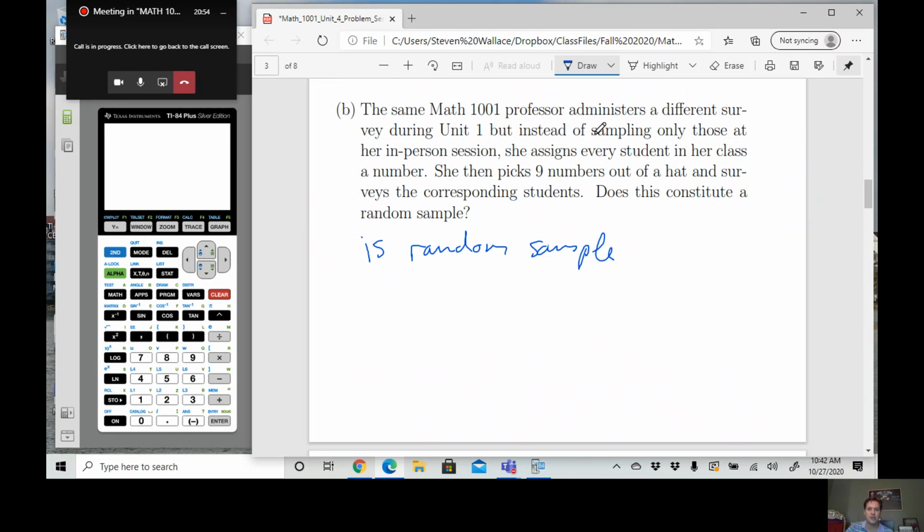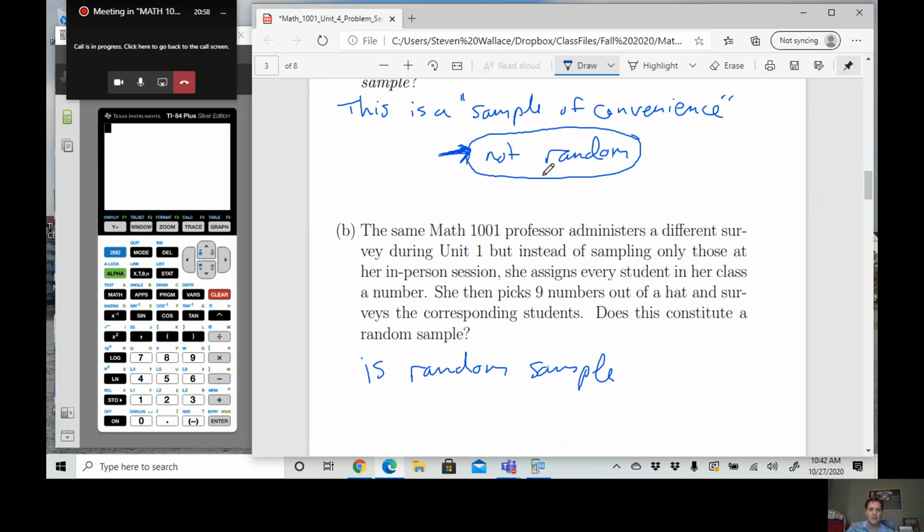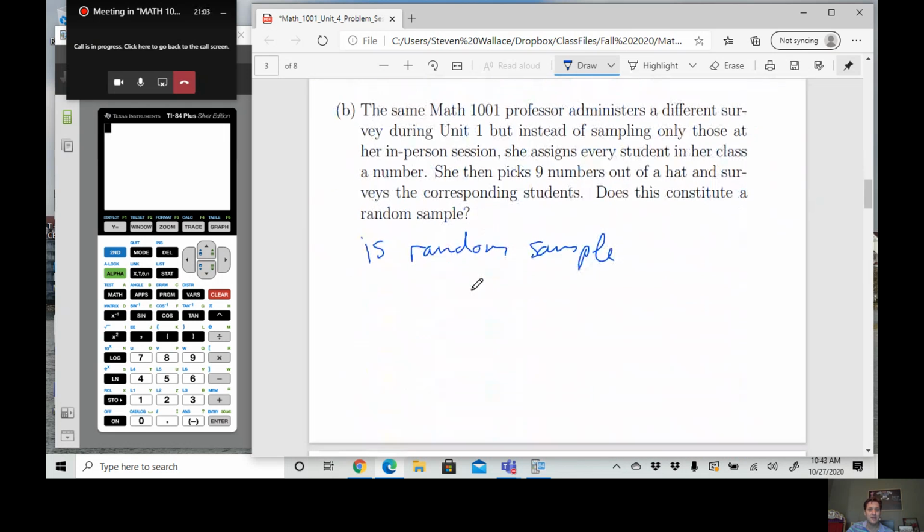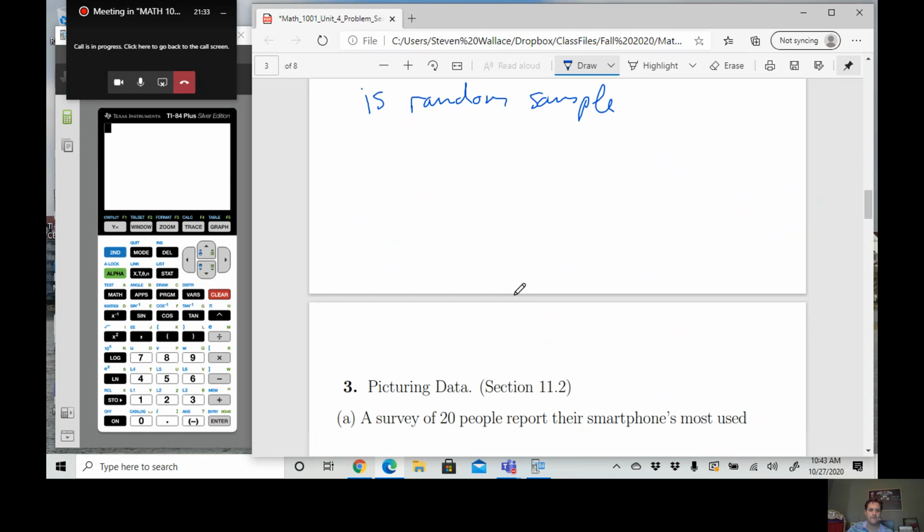If the population, though, is all Math 1001 students, then this technically would not be a random sample because not all students in the population have a chance to get picked. So here, maybe if I take this off, now it would be a random sample for all of the students. Okay.